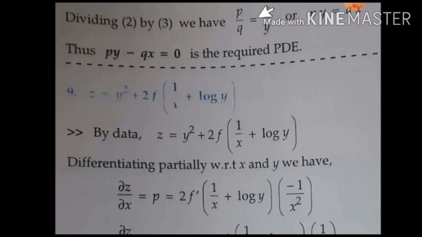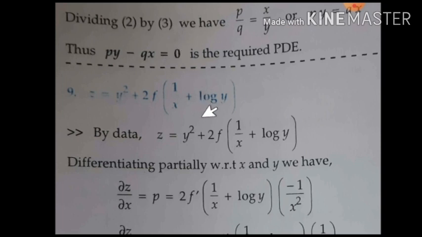So we get a partial derivative. Cross multiply, we get py equal to qx. So subtracting, py minus qx is equal to 0 is the required partial differential equation. So like this you need to form a partial differential equation by eliminating arbitrary function.